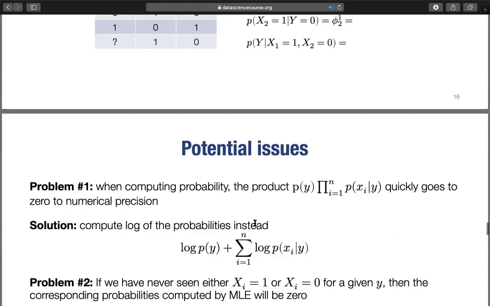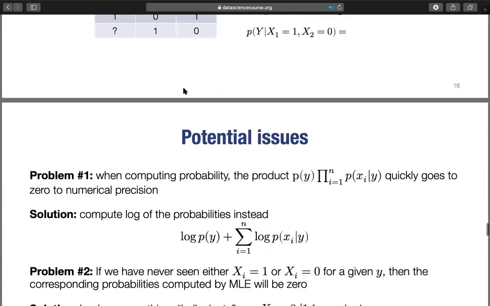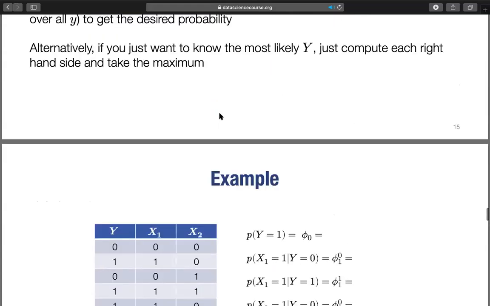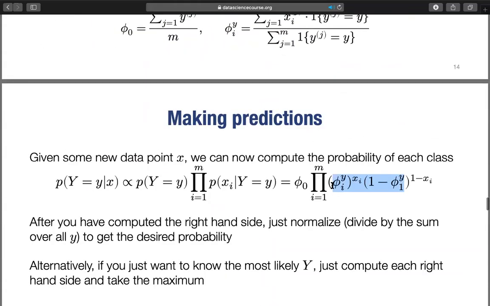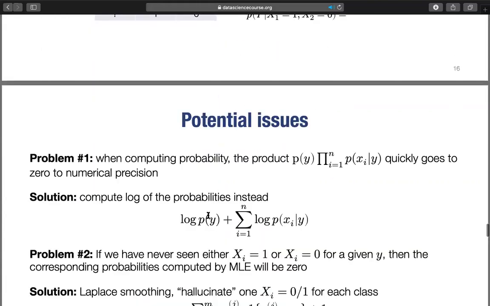It's not always going to be ones and zeros like we have here. It could be any value. The solution to things like this, where you're having products, is to take the log likelihood. So instead of doing this, we want to do this because it's a sum over all the data points instead of a product of the data points.